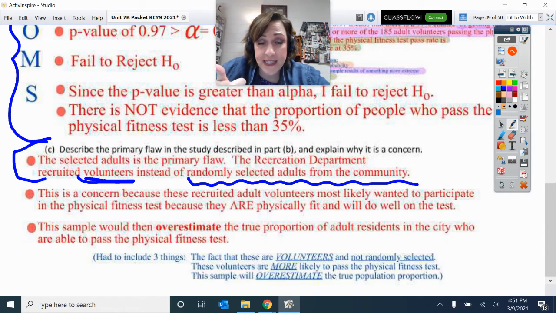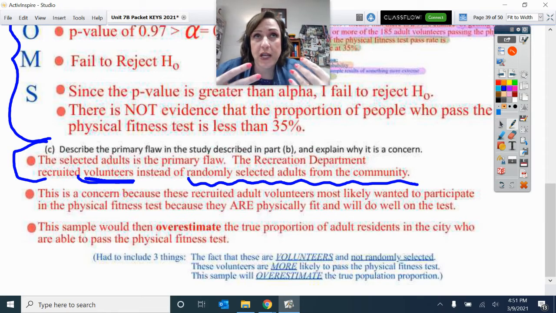So that's the first thing you had to say, that they were volunteers, not randomly selected adults. Remember how we talked about that's important. Because we want to generalize to all adults, then we need to randomly select from all adults. If you do not randomly select from your population, then you can't generalize to the population.